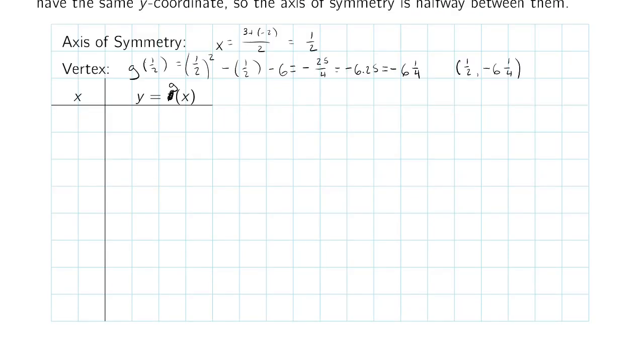I also want some more integer points that I can plot. And to get a nice graph, typically I like my graph to go up above the x-axis if there are x-intercepts. So I'm going to start with an x value just before the first x-intercept.